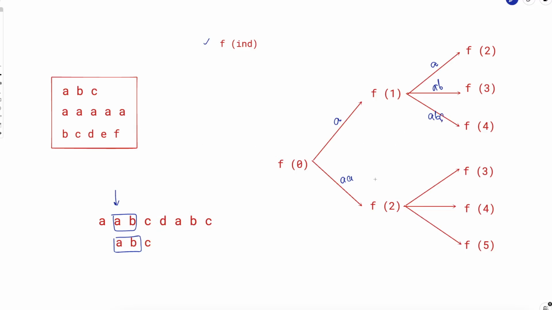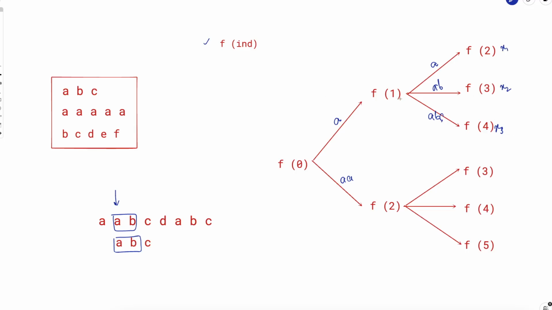Now, what will be the answer of f of 1? Let's say f of 2 gives you x1, f of 3 gives you x2, and f of 4 gives you x3. So the value of f of 1 would simply be the minimum of 1 plus x1, 1 plus x2, 1 plus x3. Why 1 plus?